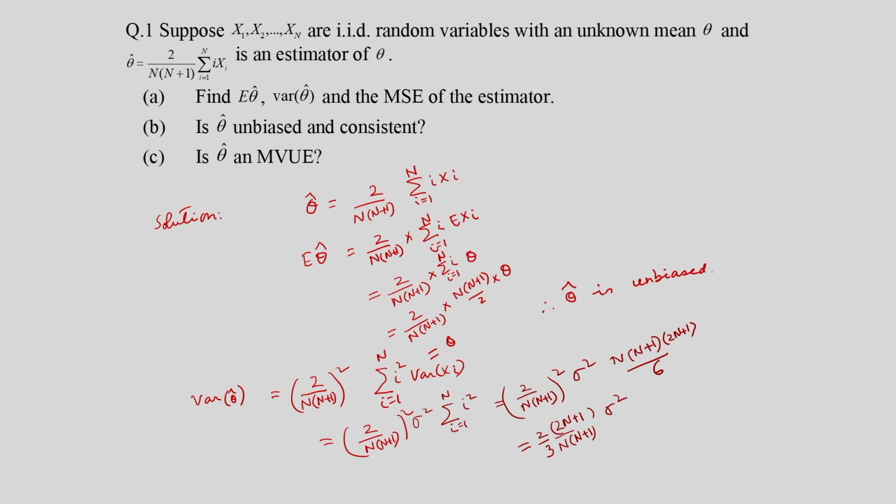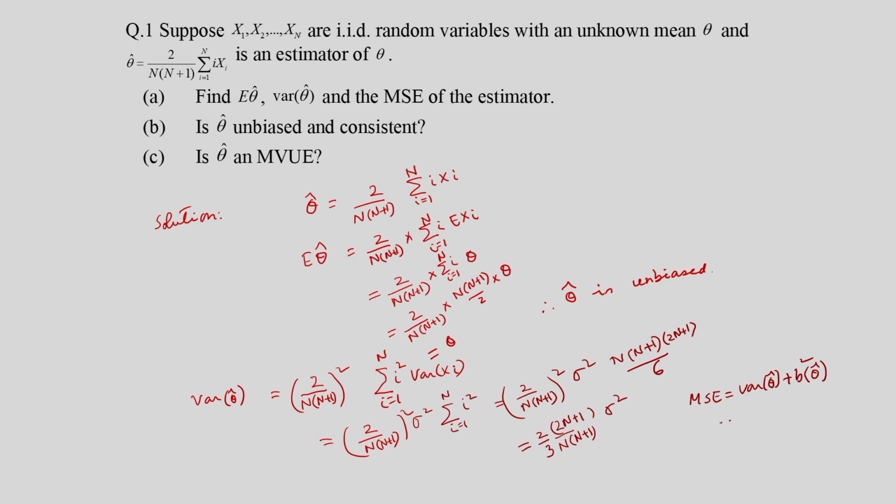So we have found E of theta hat and variance of theta hat. Now we will see the MSE of theta hat. We know MSE is equal to the variance of theta hat plus the bias of theta hat squared, but since E of theta hat is equal to theta, the bias is 0.